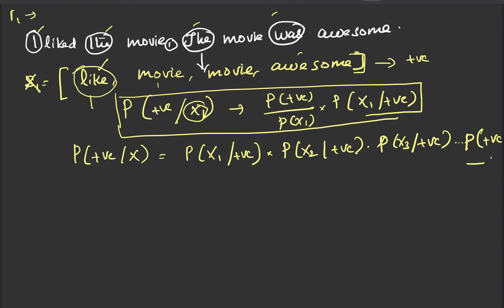This is the formula to measure the likelihood or the probability of the sentence being positive.